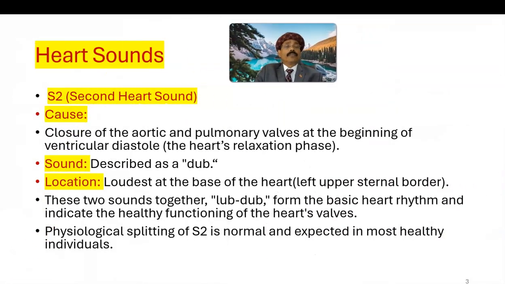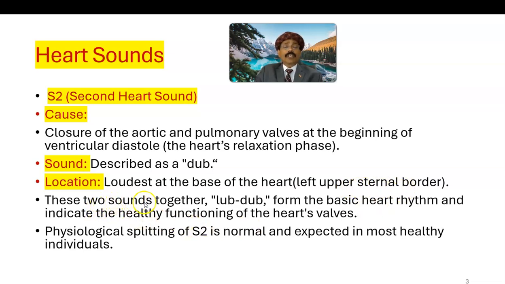The second heart sound is caused by closure of the aortic and pulmonary valves at the beginning of ventricular diastole, the heart's relaxation phase. The sound is described as "dub". Location: loudest at the base of the heart, the left upper sternal border.